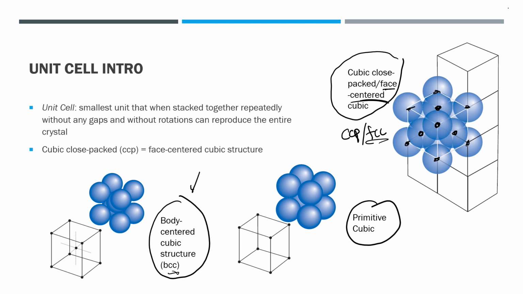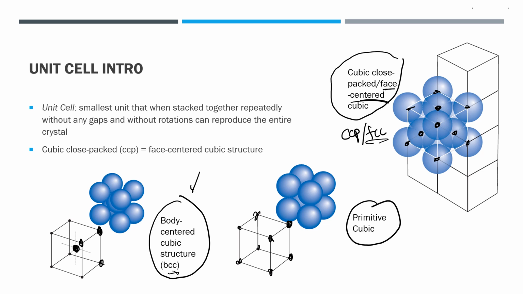Again, like face-centered cubic, this describes what the unit cell should look like. We have an atom at all the corners of the cube, but it's body-centered, so we have an atom at the center of the body of the cube, right in the middle. And then primitive cubic, it's primitive. We don't have anything fancy going on. We just have an atom at each corner of the cube.